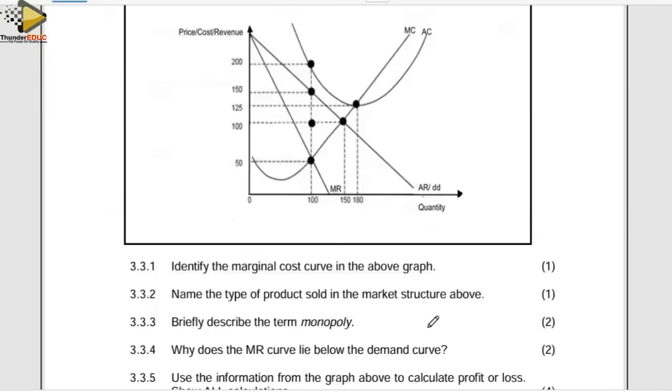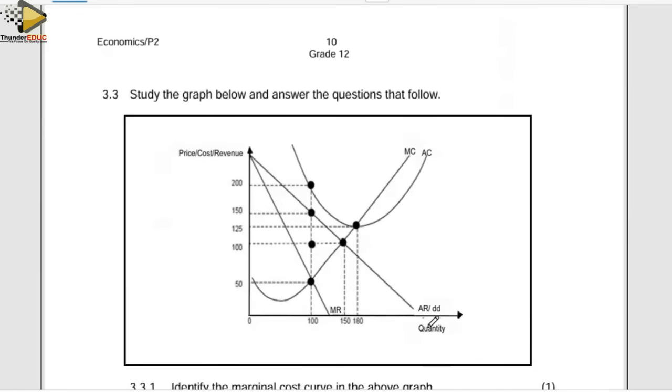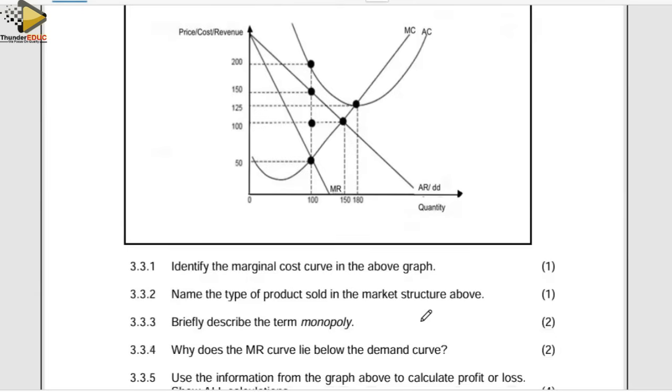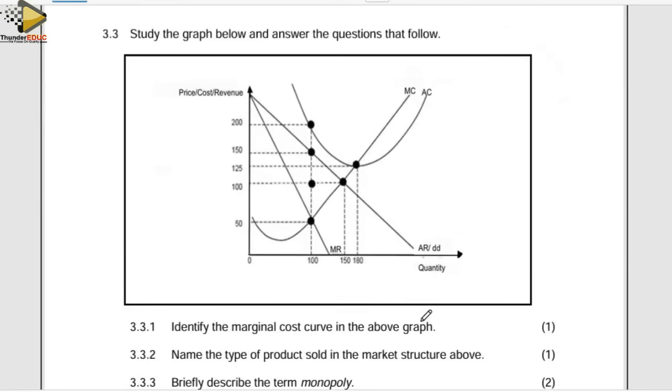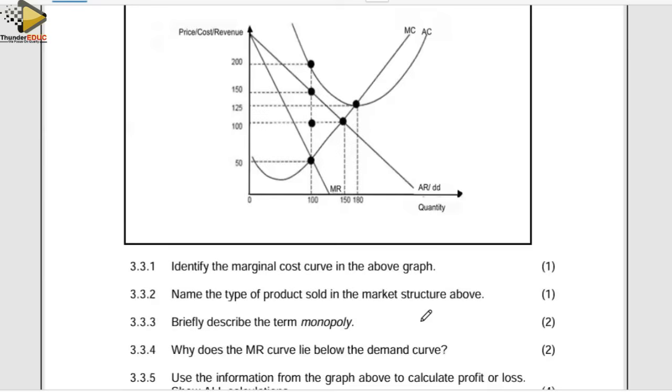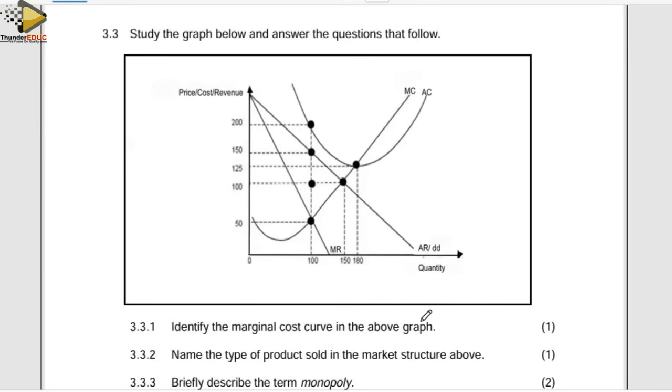Number 3.3 is a graph which shows the relationship between marginal cost and average cost and also the revenue curves of an imperfect market. Identify the marginal cost curve in the above graph. If you look at our cost and revenue curves, we can see our marginal cost curve is indicated there, but the labels are not indicated.